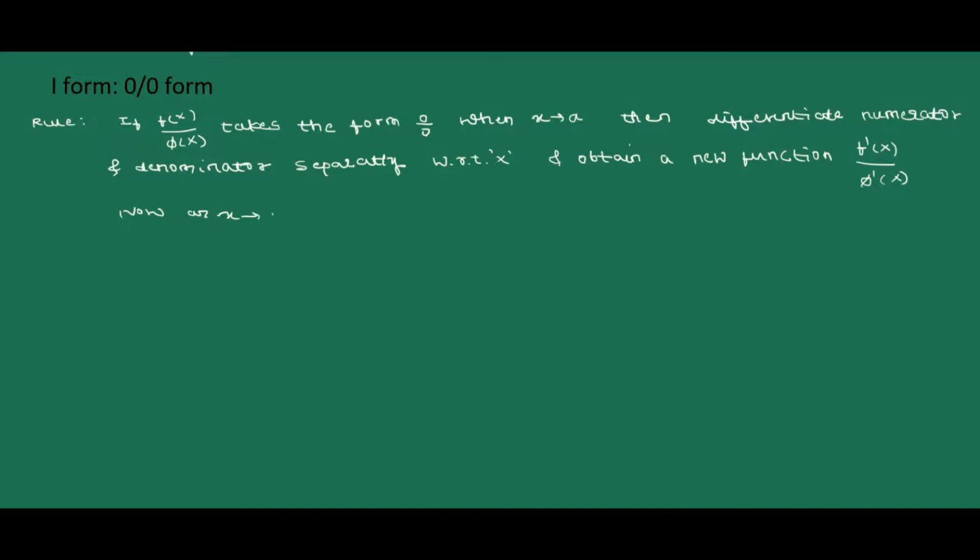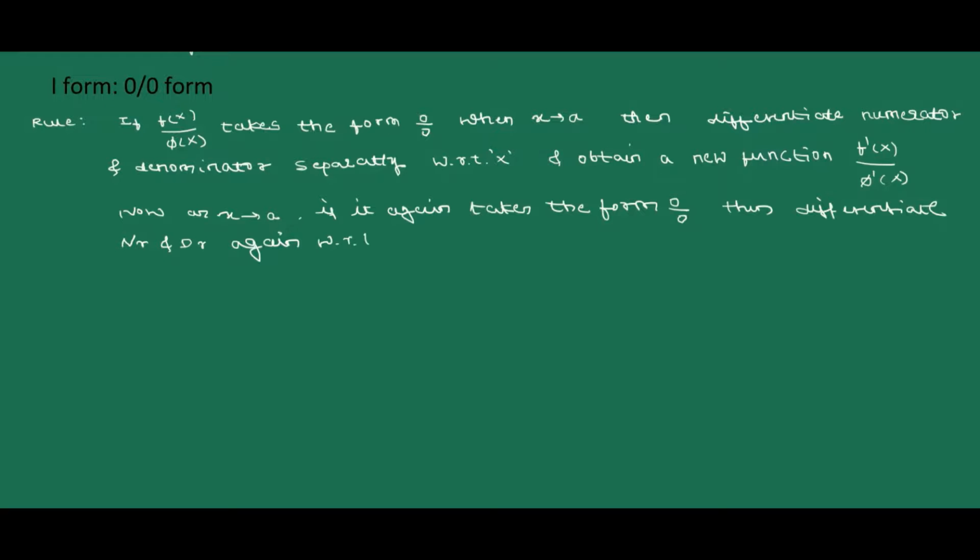As x tends to a, if it again takes the form 0 by 0, then differentiate numerator and denominator again with respect to x.